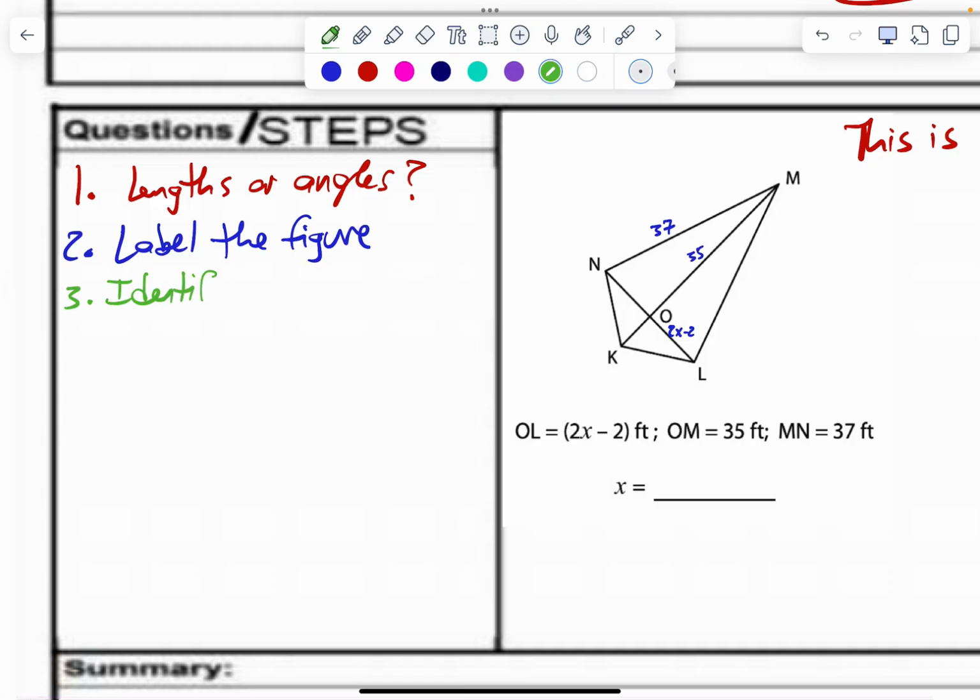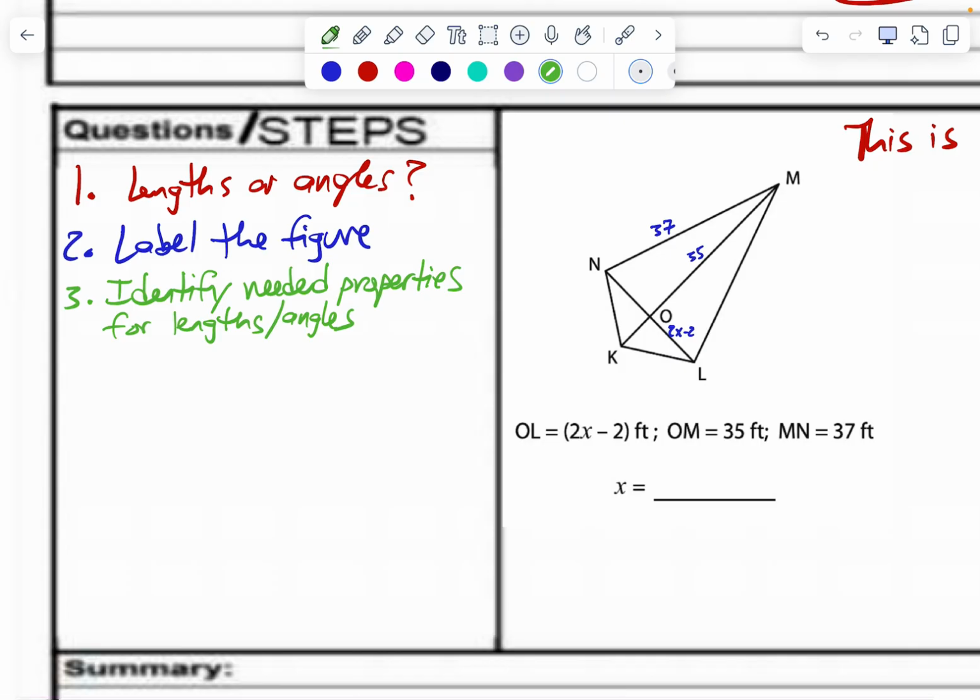We're going to identify needed properties for either lengths or angles. Well, this is a lengths problem.